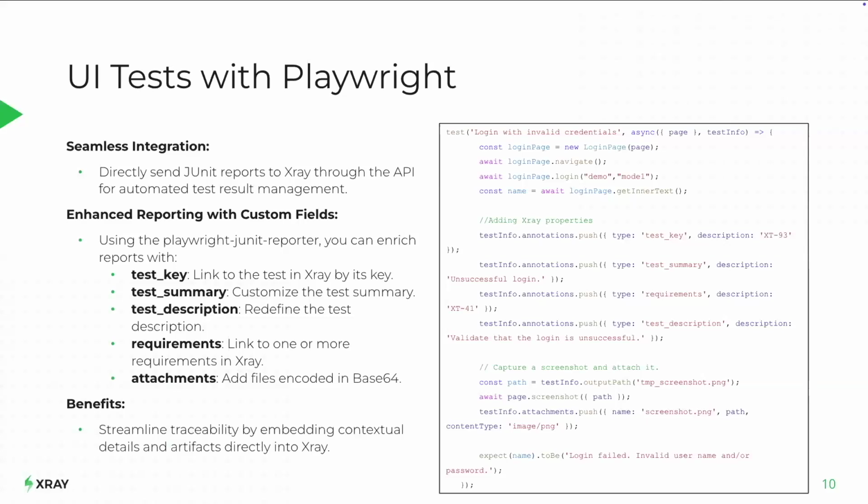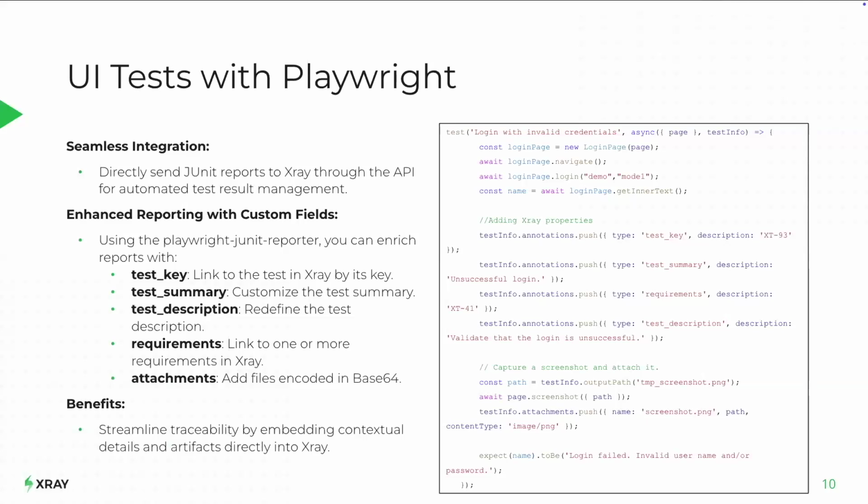Namely, you can add test keys, which, when you ingest the automation test, will link the execution of the automation to a test in Xray. So you can define a test key on the test info annotations. You can redefine the summary of that test.